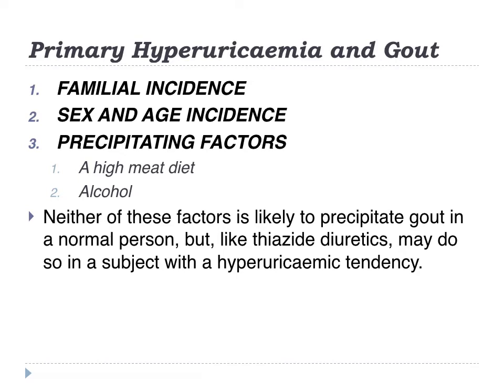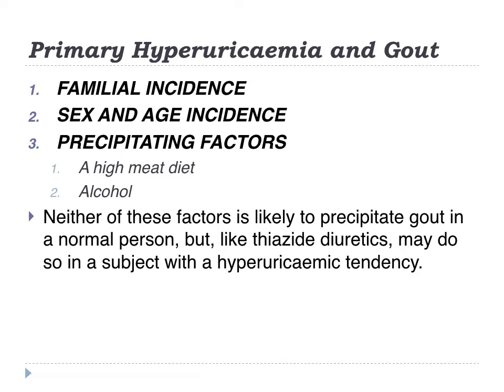It seldom occurs in children, and mainly occurs in both sexes, male and female. It seldom occurs in females during child-bearing age, before menopause, but the incidence increases a bit at menopause, in addition to precipitating factors.